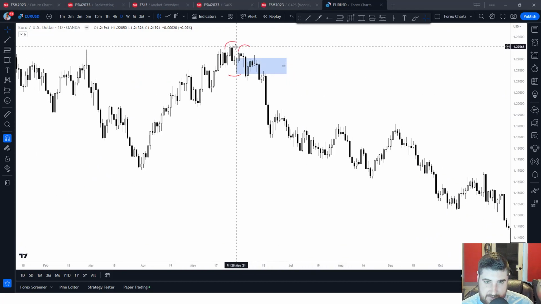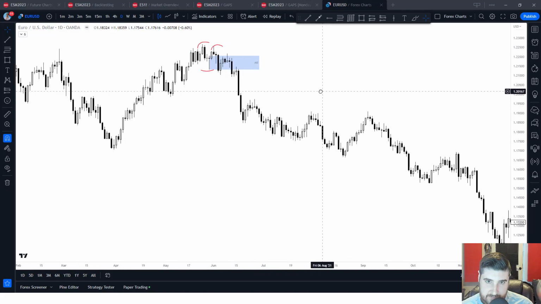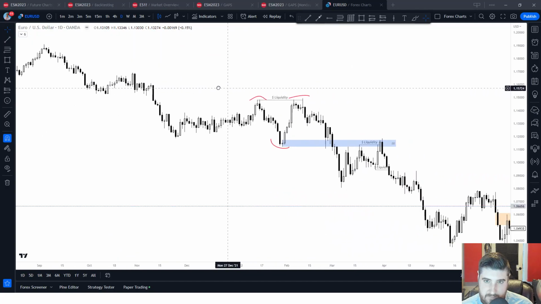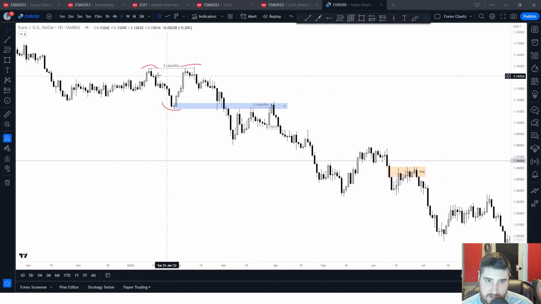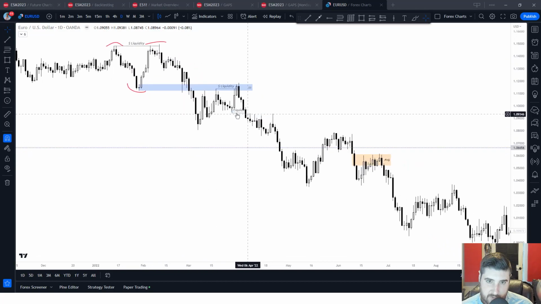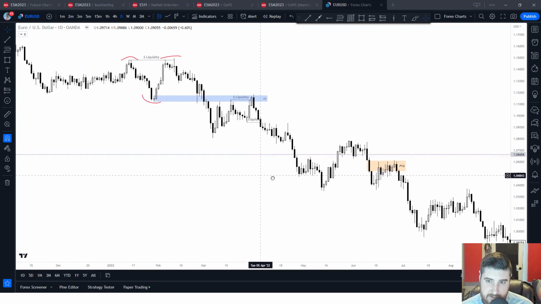So mitigation block doesn't create a higher high on the second one. Breaker block creates that higher high on the second peak. Liquidity sweep went above, swept it, came back in. Liquidity run went through that area and kept on going.